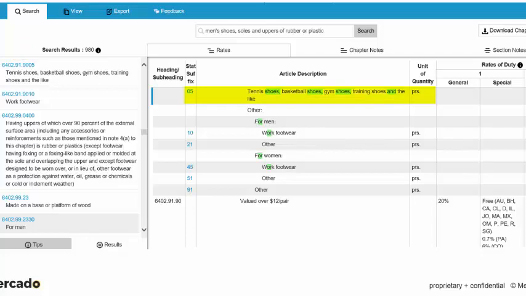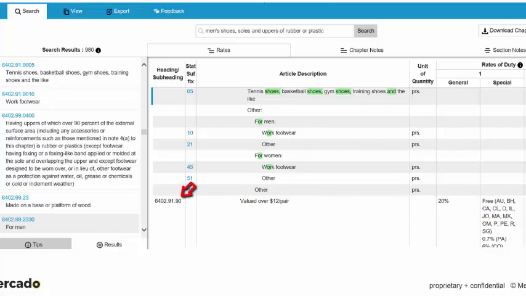We see at the top, tennis shoes, basketball shoes. There's our description. Move down. For men, that's good for us. Work footwear, no. Other, no. For women, no. Down we go past other. And then value over $12 a pair. In our case, these men's basketball shoes were $20 a pair.